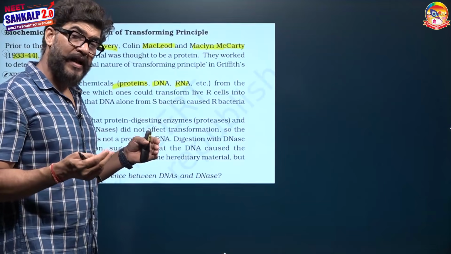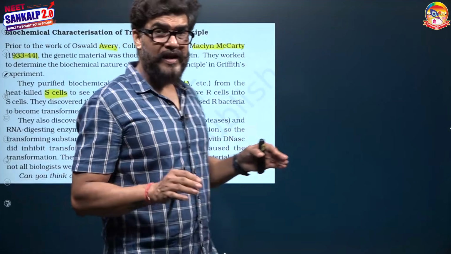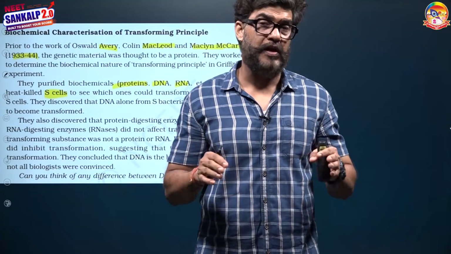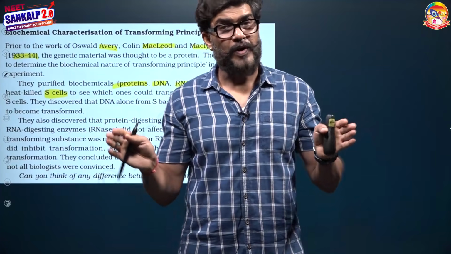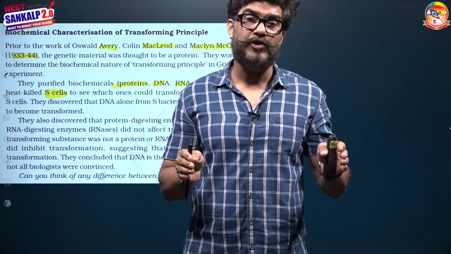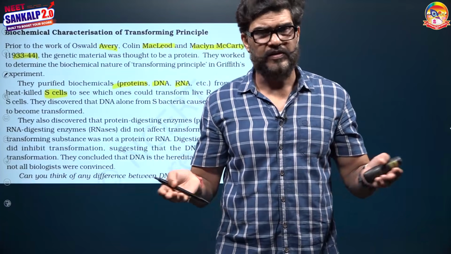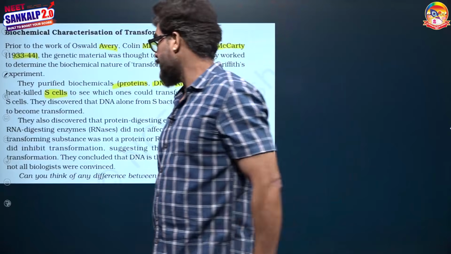When they used RNase, transformation also happened. It means protease, which digests protein, and RNase, which digests RNA, were not affecting the transformation. But when DNase enzyme was used, as DNA was digested, no transformation happened. It confirms who the genetic material is: DNA is the genetic material.